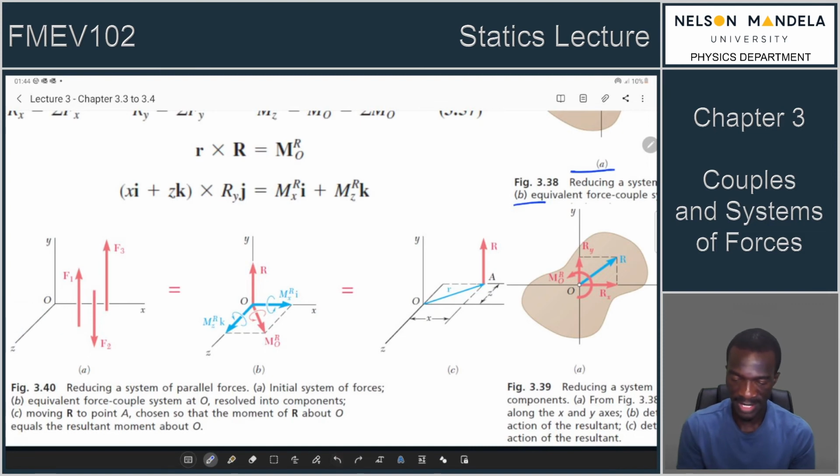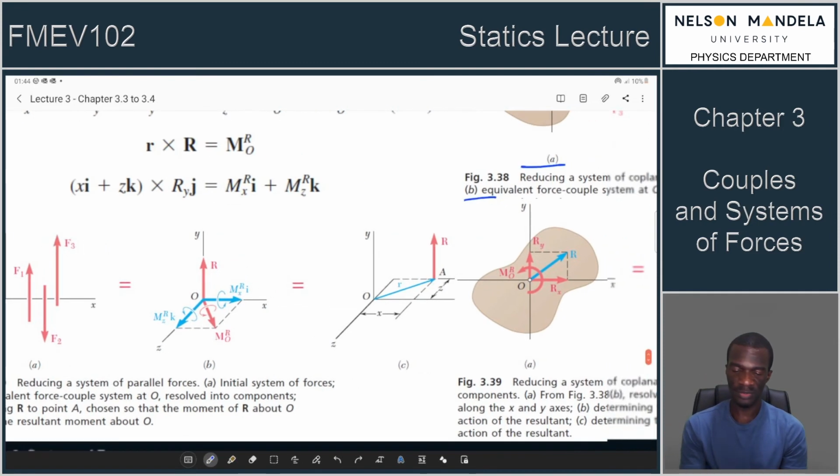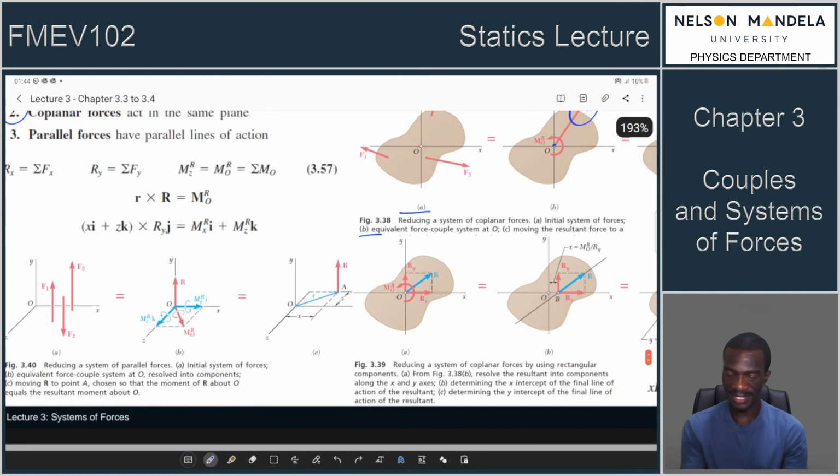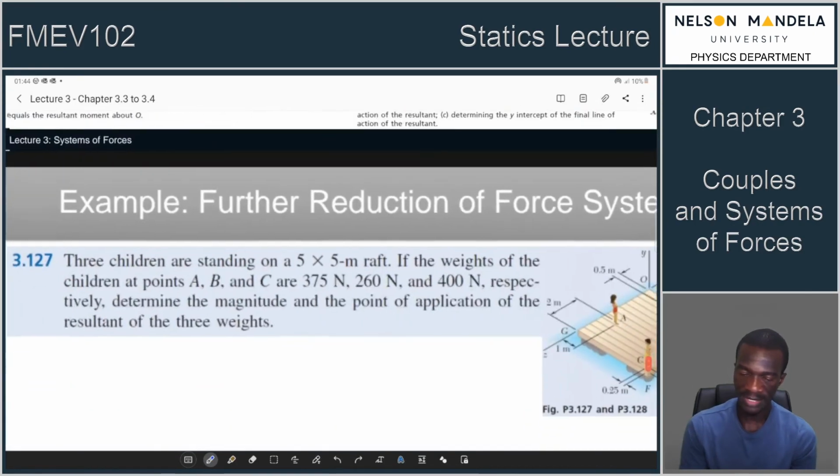So basically that's why we see two moments there, M in the X and M in the Z, to represent a new equivalent system. So we have resolved this into components. We have moved R to point A, and it is chosen that the moment of R about O is equal to the resultant moment about O. So in the end, you can actually generate an equivalent system.